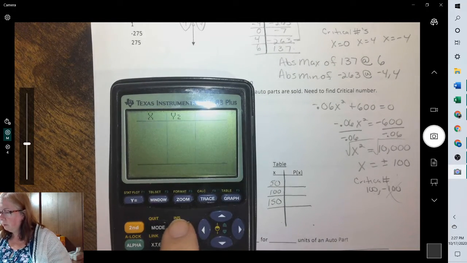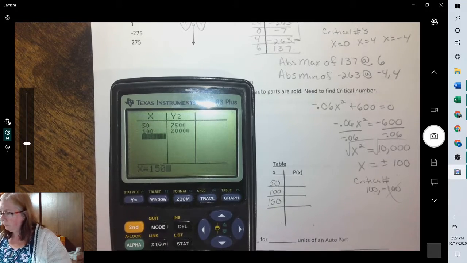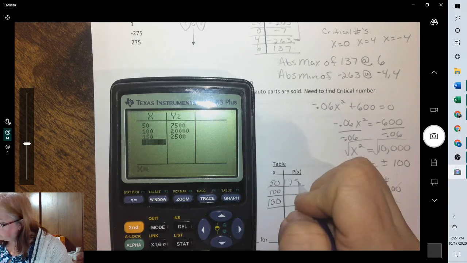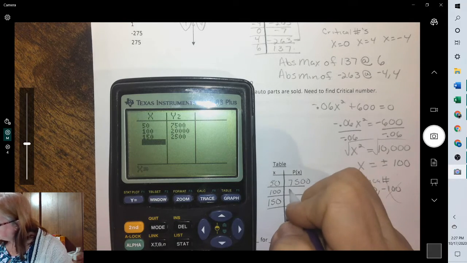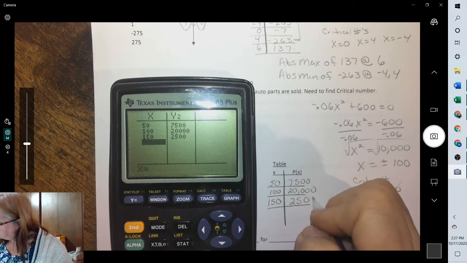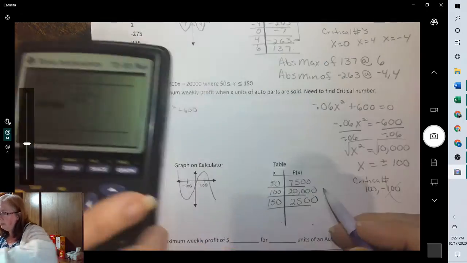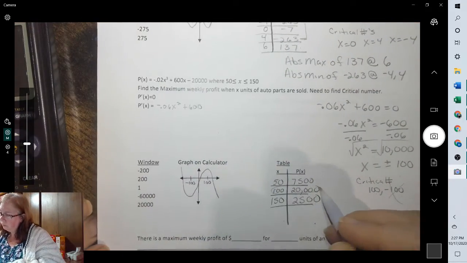Delete these. 50, 100, and 150. And there's our Y values. We wanted the maximum, so it's this one.